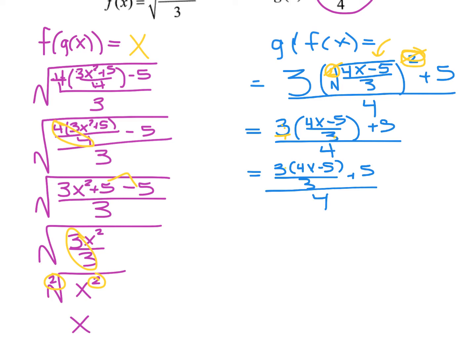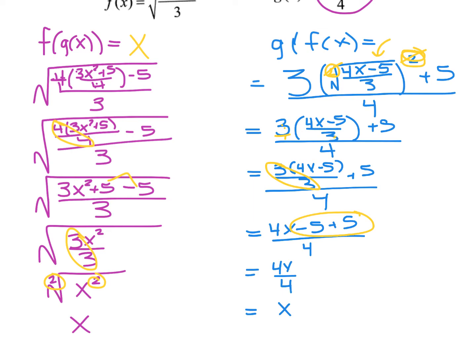Well, 3 over 3 is 1, so this just becomes 4x minus 5 plus 5 up in the numerator all over 4. Negative 5 plus 5 is 0, so those undo each other, and we're left with 4x over 4, and then 4 over 4 is 1, so this simplifies down to just x.